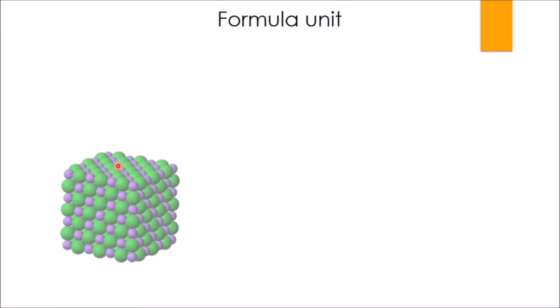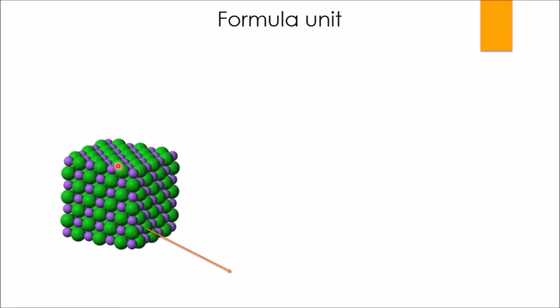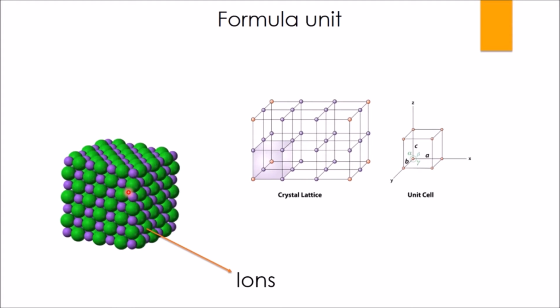What is formula unit? Basically, we know that ionic compounds have many ions clustered together like this. This arrangement of ions is called crystal lattice. So ions are arranged in order. This order of arrangement of the ions is called crystal lattice. The smallest unit of the crystal lattice is called unit cell, and that unit cell is also called formula unit.